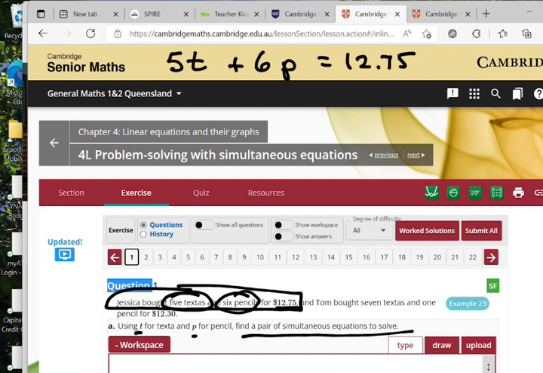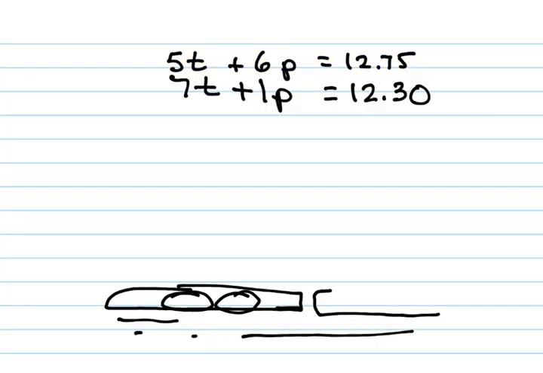Okay. Now we're going to talk about Tom. He bought 7 T's and 1 pencil. So 7 T's plus P, and you can put 1 P if you want to, equals, and I'm going to put it in notebook paper in just a second so that you can see it. I know you can't see it in the black. And there you go.